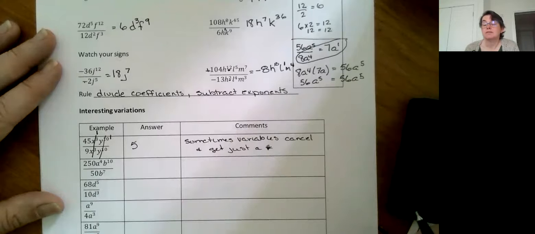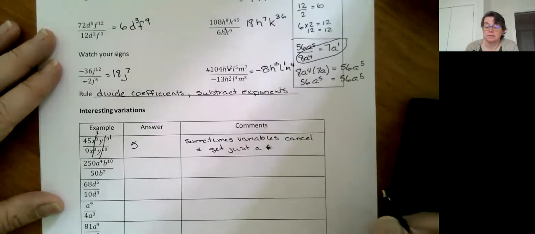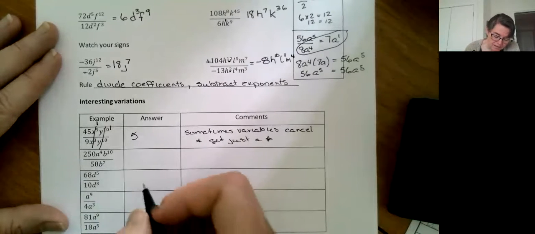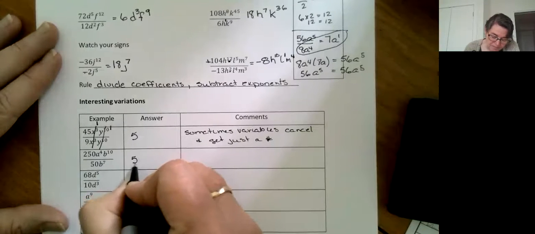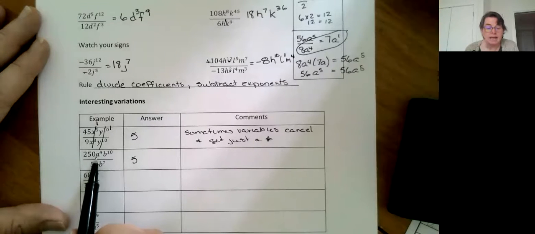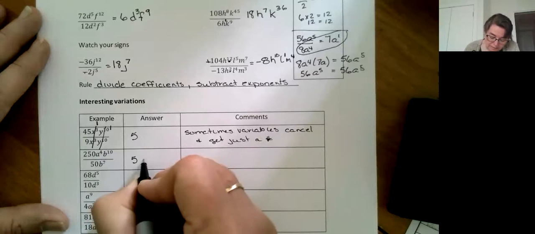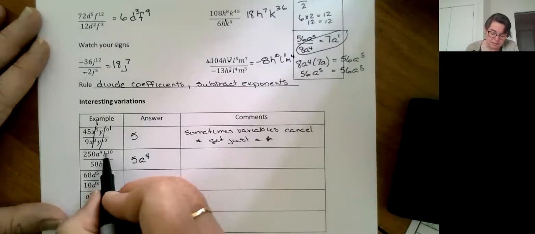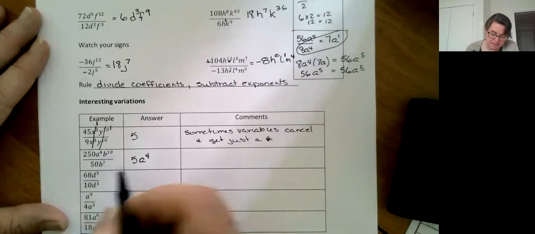You can also get questions where your numbers cancel out and you end up with just a variable when you're done. All right, 250 divided by 50 should be 5. Now, this is interesting. Look, there's an A^4 on the top and there's nothing down there. So we'll just bring it along. And then we can do B^10 divided by B^7.